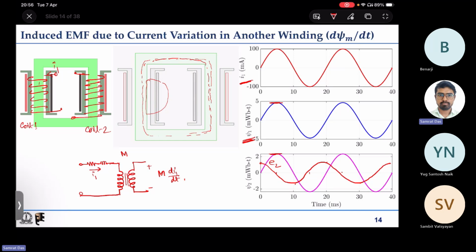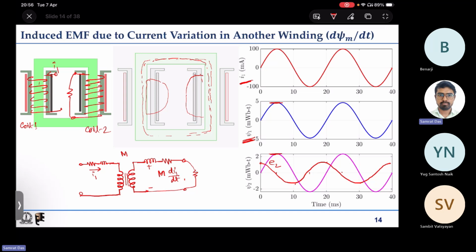But suppose we close it with some load, say a resistive load, then there will be some leakage flux that will be linking coil 2 only, that may not link the first coil. So there will be some leakage inductance of the second coil, and there will be some winding resistance, and here will be the terminals of the coil which are connected to an external load.